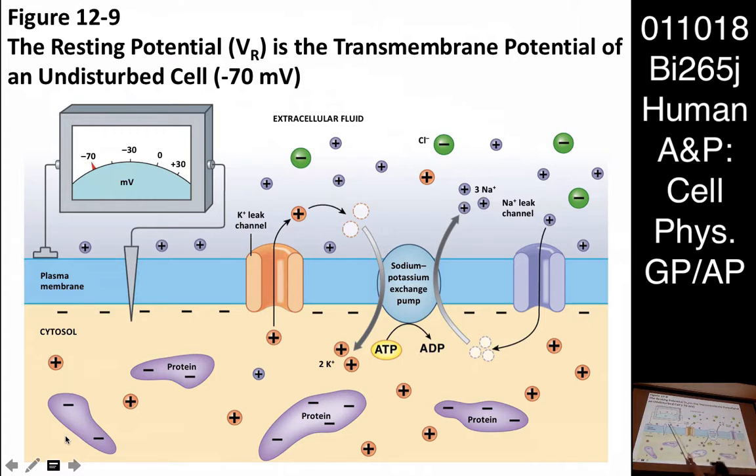And the precise transmembrane potential is in part a function of the expression patterns of leak channels and the sodium-potassium ATPase. How many of each of those proteins is in the membrane is in part going to dictate exactly what that membrane potential is. You guys getting this?